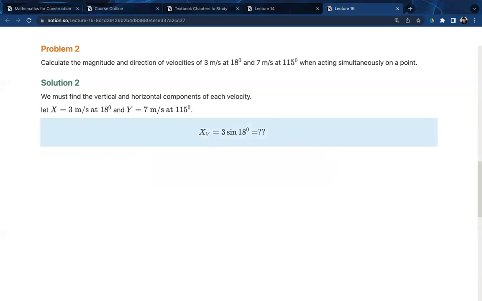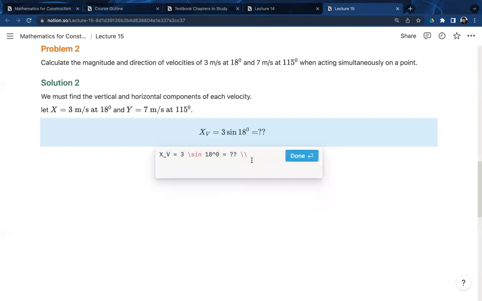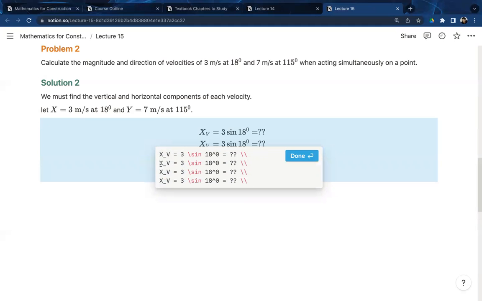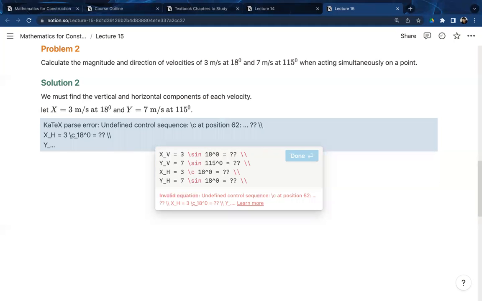So we do X and Y. Y is the 7, right? Horizontal is always cosine.